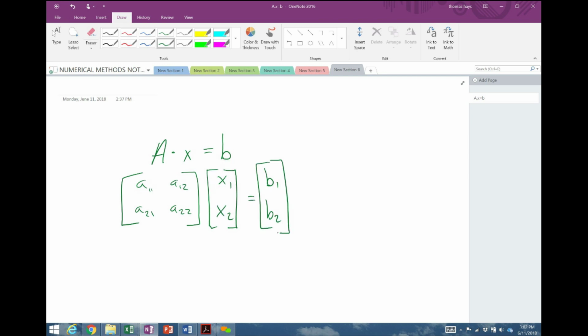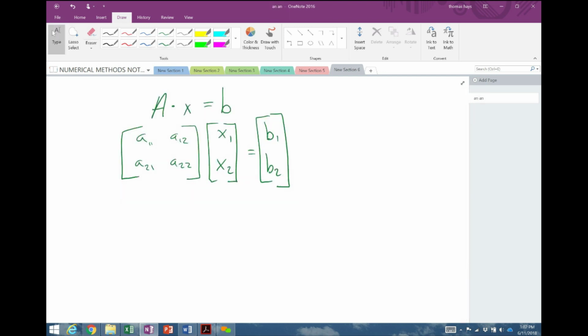So what this represents, a common way to write, is two linear equations. This would be the equivalent of saying A11 times X1 plus A12 times X2 equals B1. If you perform the matrix multiplication, that's exactly what you end up with.